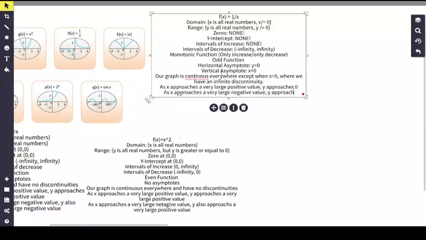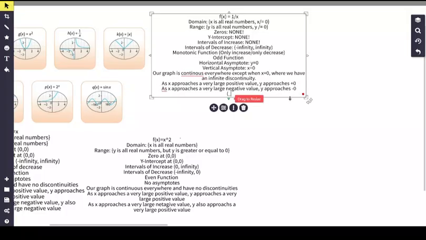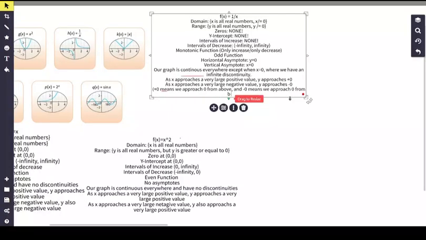So y approaches 0. Here we could specify minus 0 and plus 0. Plus 0 means we approach 0 from above, and negative 0 means we approach 0 from below. And you look at this graph on the left and you see, oh, it kind of makes sense. Okay.